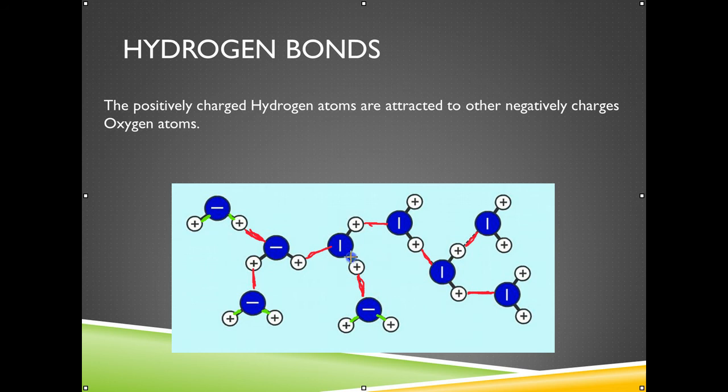The hydrogen bonds are what actually link the individual water molecules together. So hopefully you can see the difference between the two. Again, the polar covalent bonds are just to create the molecule of water, and the hydrogen bonds are what link all of the different water molecules together.